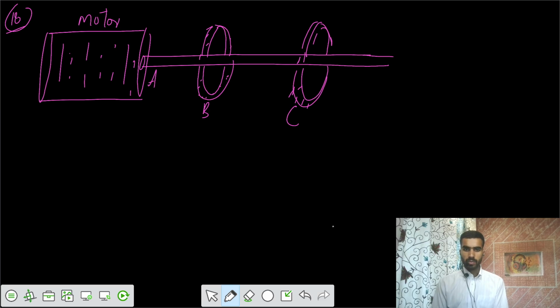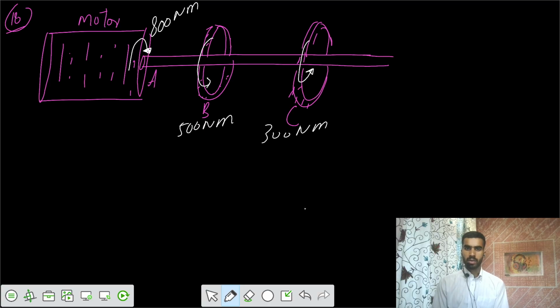Your motor is transmitting how much torque here? It's transmitting 800 Newton meter, and gear B takes 500 Newton meter, and the rest, 300 Newton meter, is taken by gear C. After that there is some extension of the shaft, and finally it's clamped here.